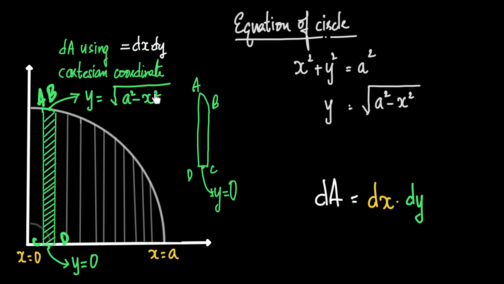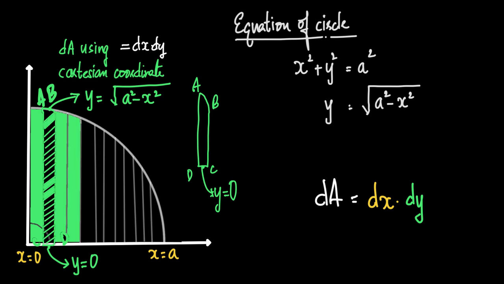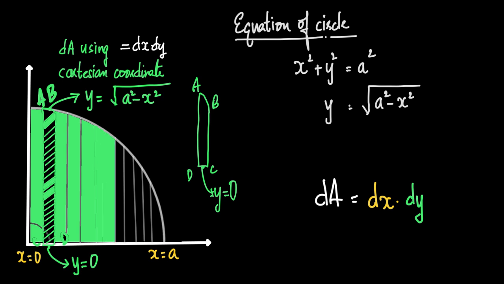Now comes the really important part here, which is about the visualization of this integration. So basically what we do here is we integrate, we just add these strips, a lot of strips. Strip number 1, strip number 2, strip number 3, strip number 4, 5, 6, and we do this complete integration.